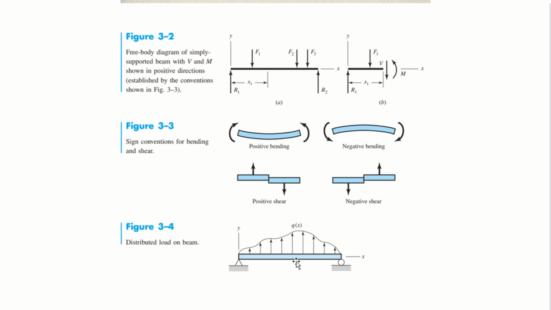Let's say you apply the force at the middle of the beam, then the bending moment will be highest at the middle, the place where you put the force. Then it gradually dissipates to the left and to the right of it.